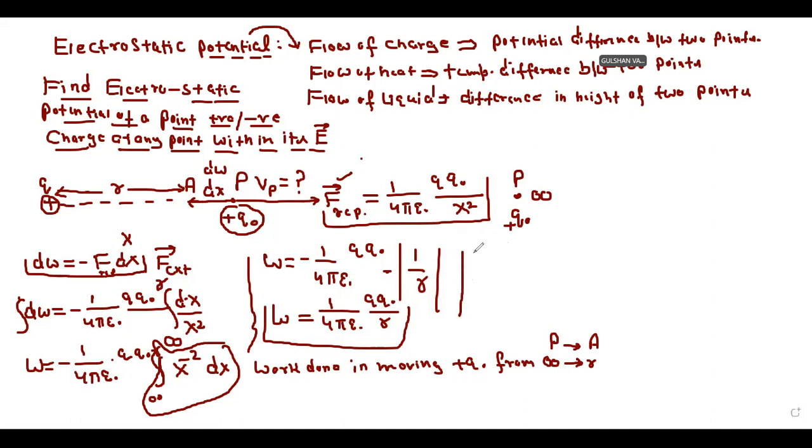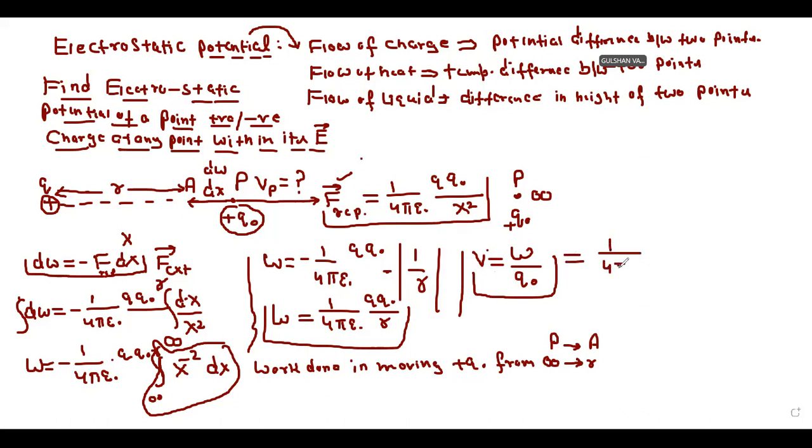the potential is equal to W upon Q naught. Potential is the work done on a test charge. So place the value of W over here.